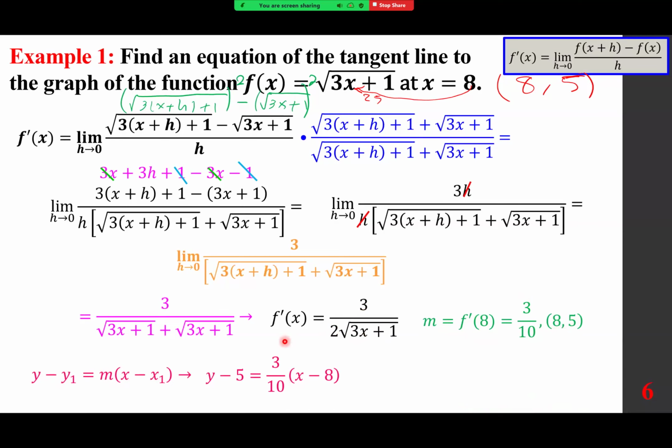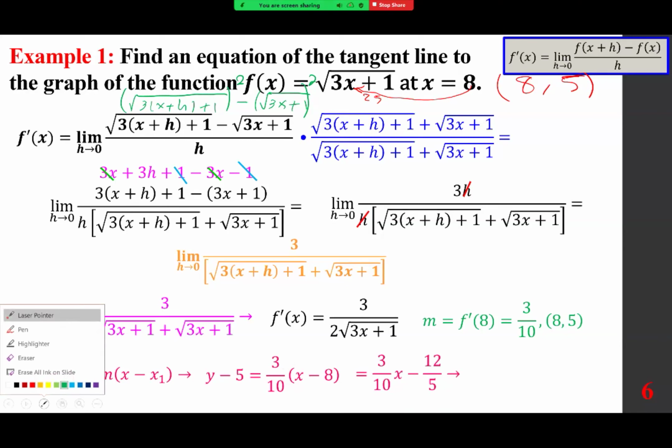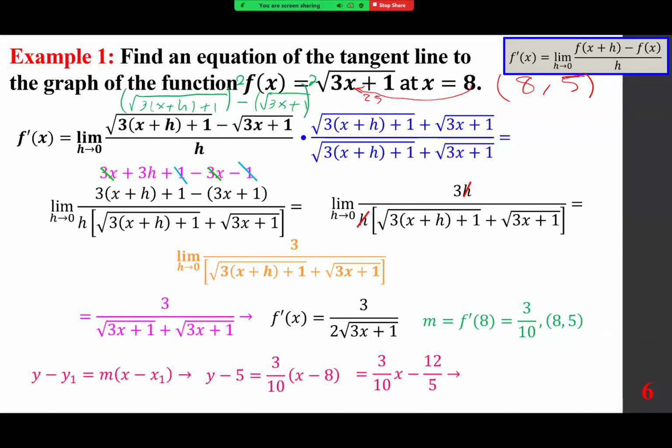This becomes negative 24 over 10, or negative 12 over 5. When we move negative 5, it becomes positive 5, or 25 over 5. Minus 12 over 5 gives us 13 over 5.